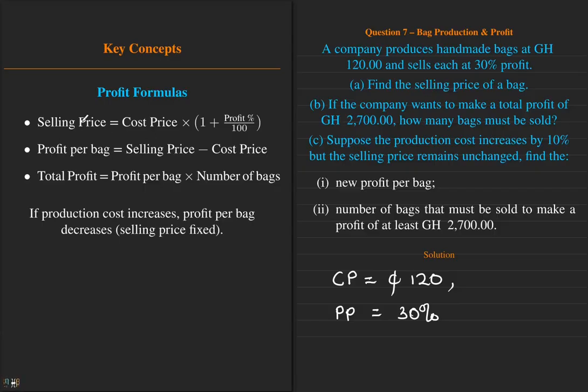So I'll first of all use this formula, which is selling price equals cost price times, in brackets, 1 plus profit percent over 100. Let's use that formula first. And then we now use the reasoning. So our formula gives us selling price, which is our cost price, 120, times 1 plus 30%.